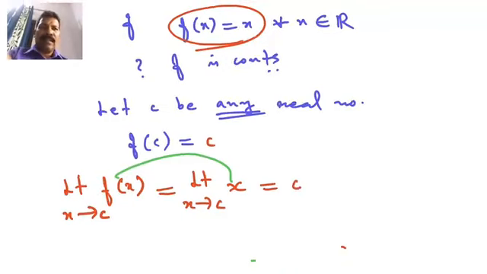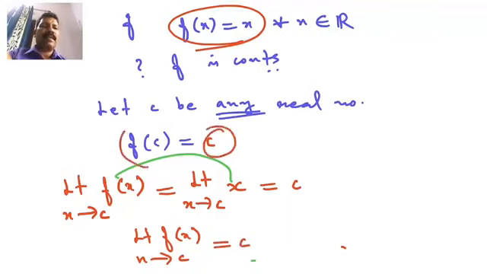So what we can conclude here is the limit of f of x as x tends to c is equal to c, but c is nothing but f of c. So the limit of the function as x tends to c equals the value of the function at c.